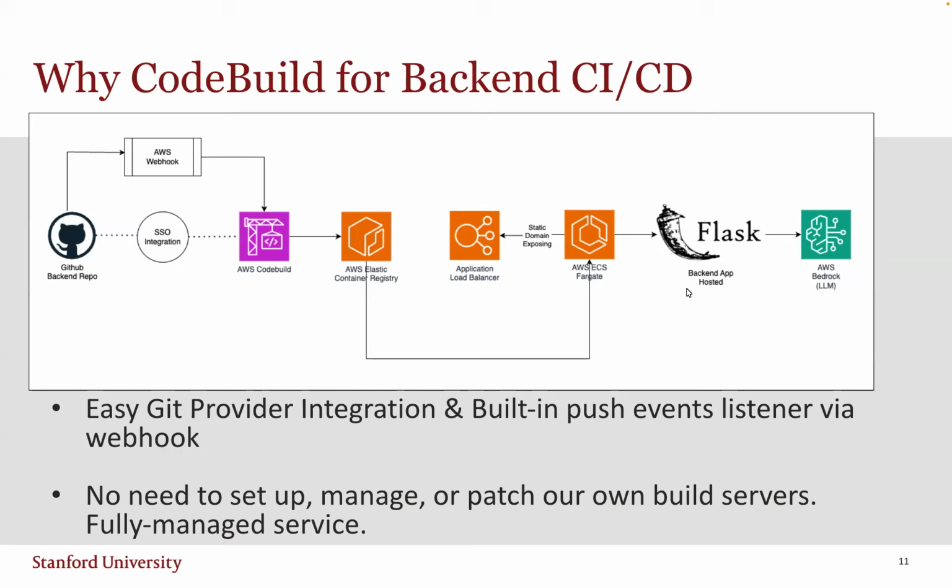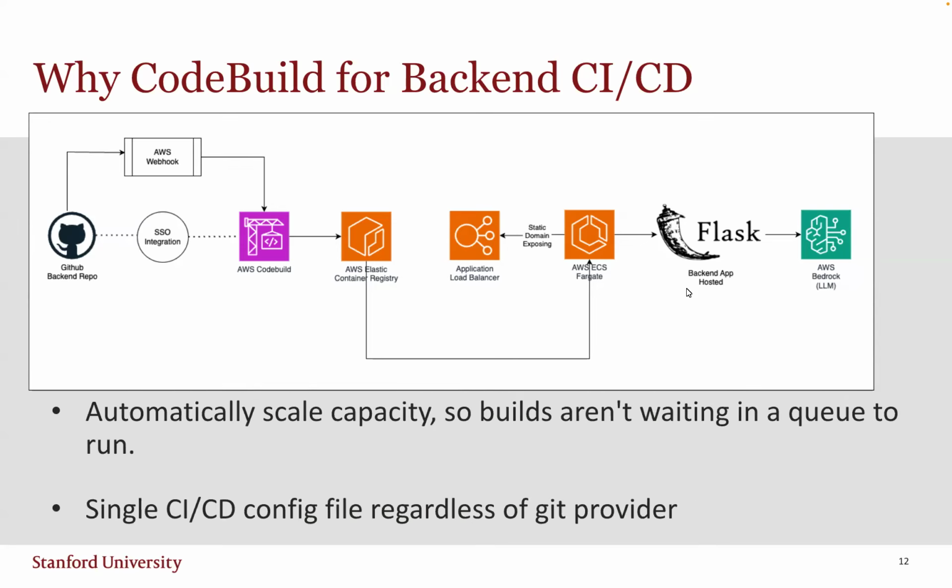And also there's no need to set up or manage or patch any of our build servers. It is fully managed by CodeBuild. And third, it can automatically scale capacity. So builds don't need to wait in a queue to run.